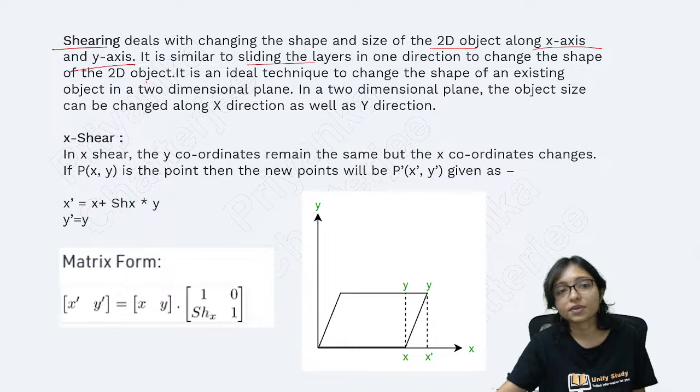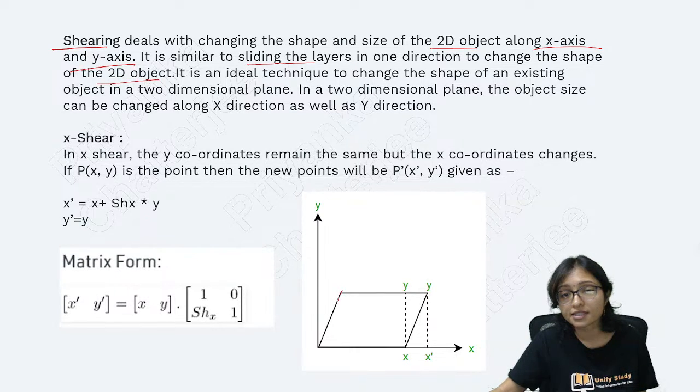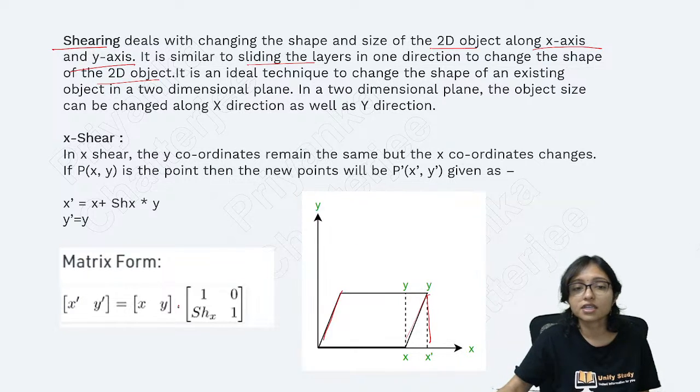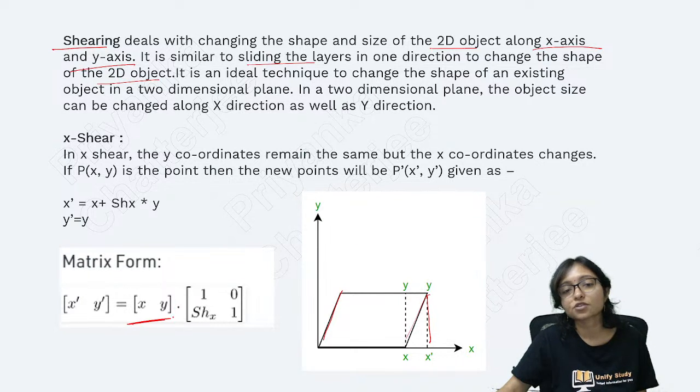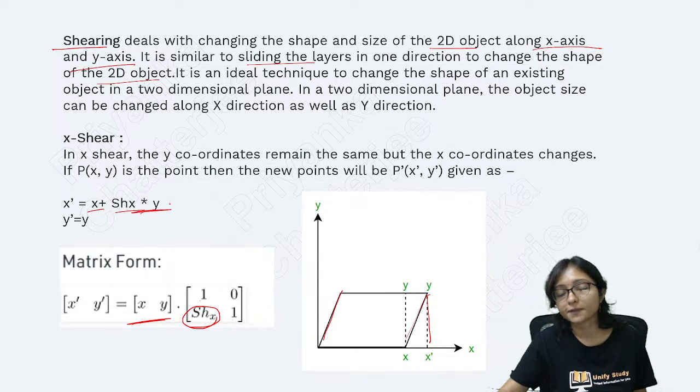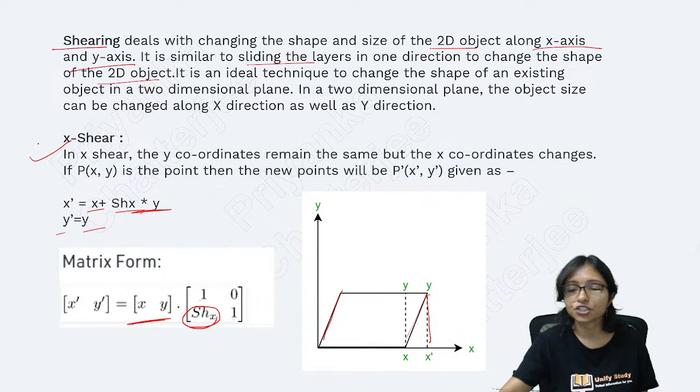Similar sliding will be there, where the shape and size will change. Here you can see this type of parallelogram, where it was a square and it is changing. When this is changing, we multiply (x, y) with the matrix [1 shx; 0 1], where shx is the shear factor. So x dash equals x plus shx times y, and y dash equals y; that is the x shear.